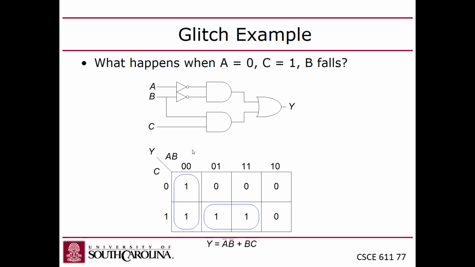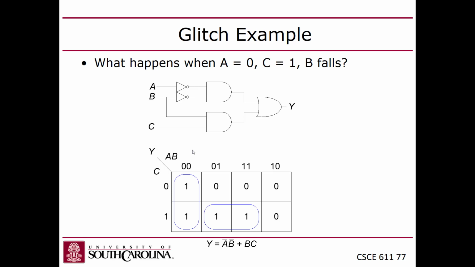So I've got two AND gates that have one of their inputs being 1, meaning that the output of the AND gate is going to depend on the other input, because I'm looking for 1, 1 to put a true out. So if B is 1, then this AND gate will be true, and this AND gate will be putting out a false, because B is inverted here.